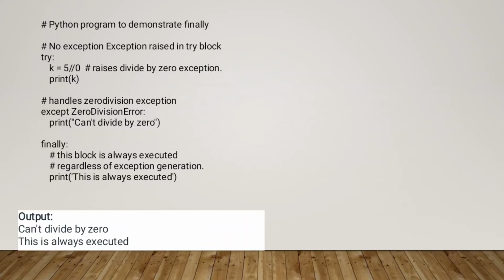And finally: # this block is always executed # regardless of exception generation. print("This is always executed").